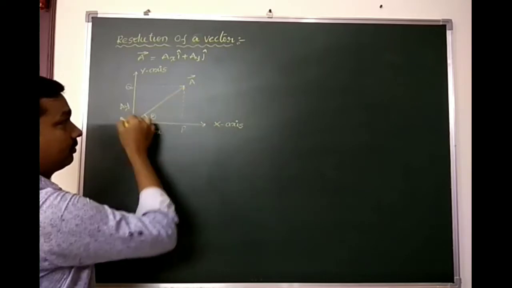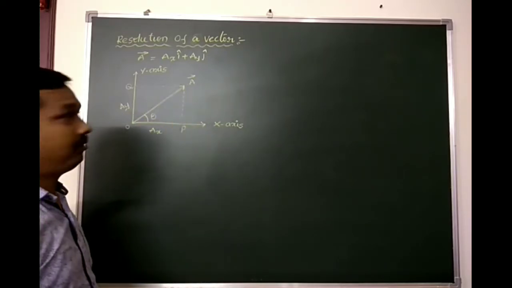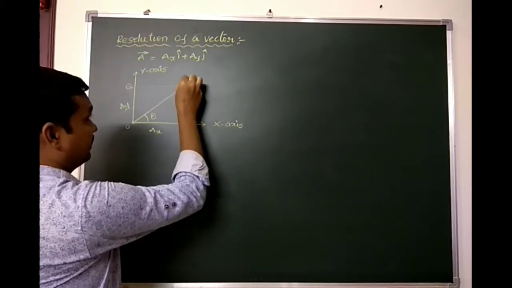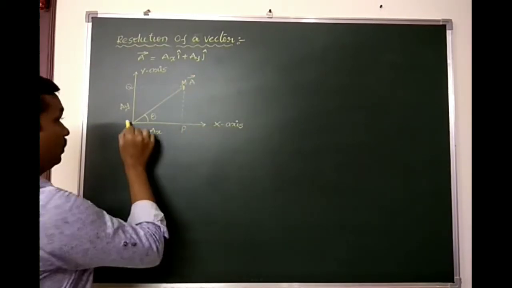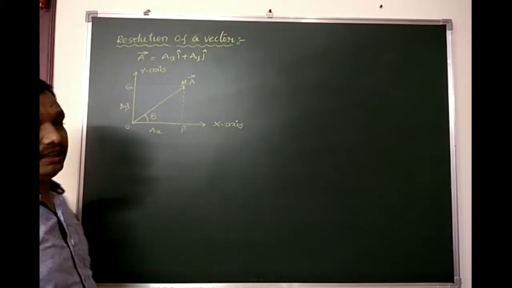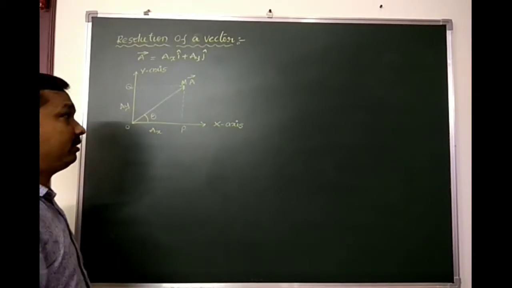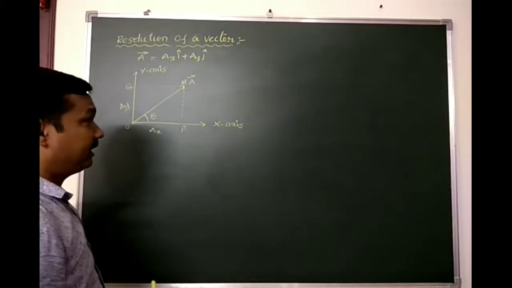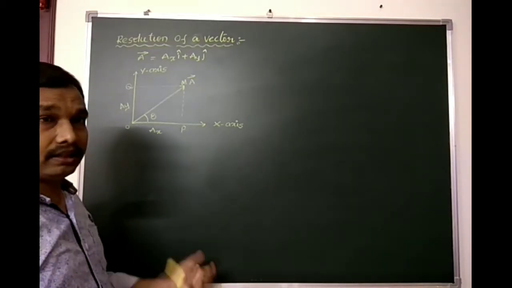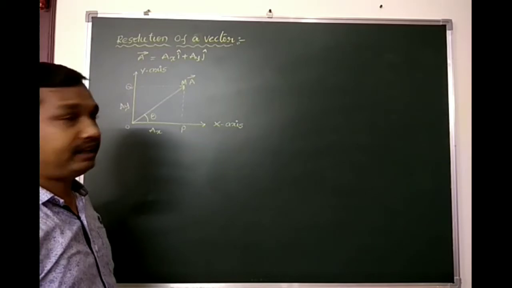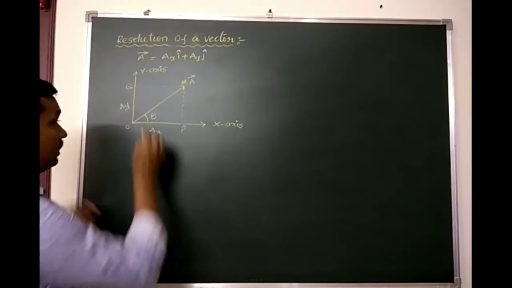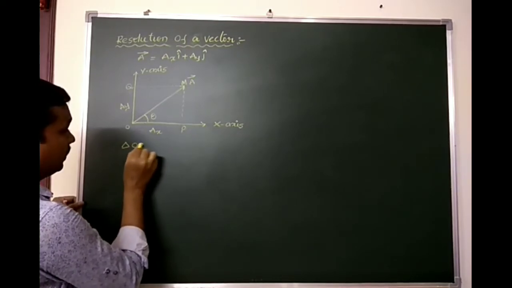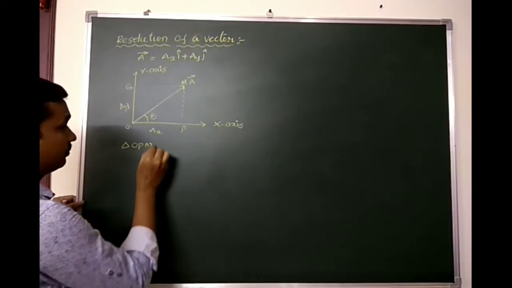Or else we can take this as M. OPM is a triangle. In a triangle, we are going to find the adjacent side. When we want to find the adjacent side, we take cos theta. So I am going to take this triangle OPM.